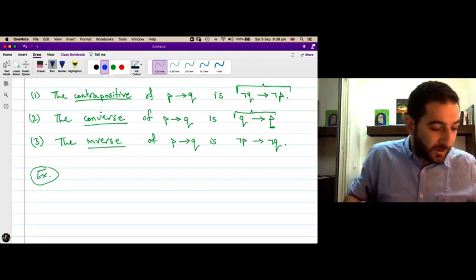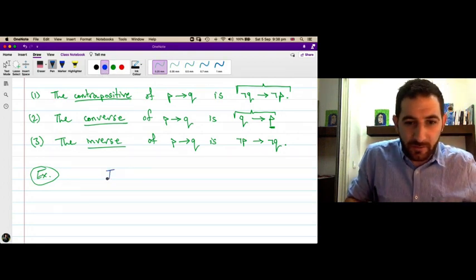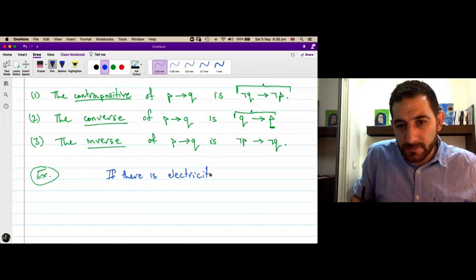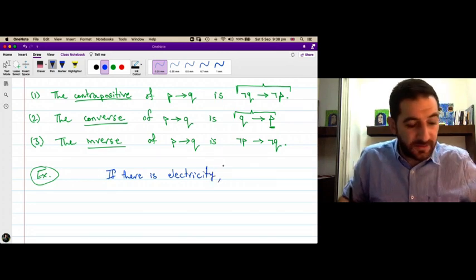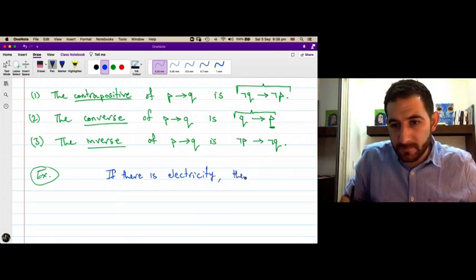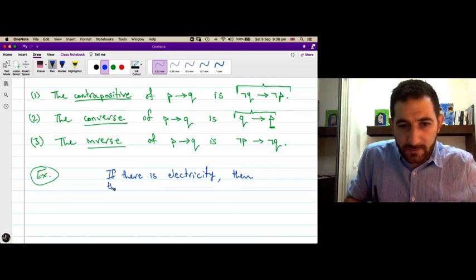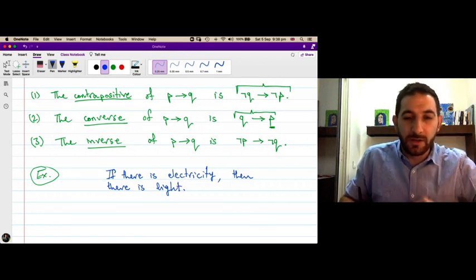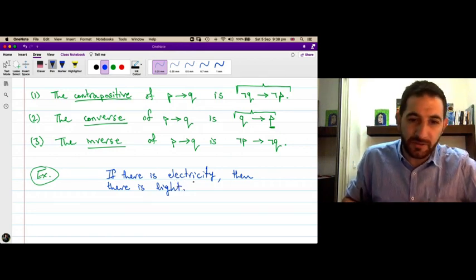Suppose we are given a conditional statement which is the following one: if there is electricity, then there is light. So this is a conditional statement of the form P implies Q. What is P?